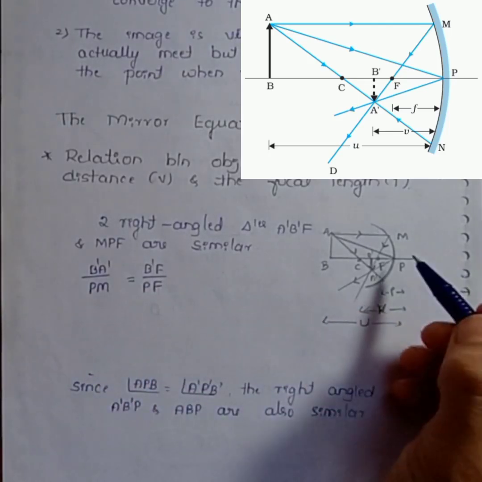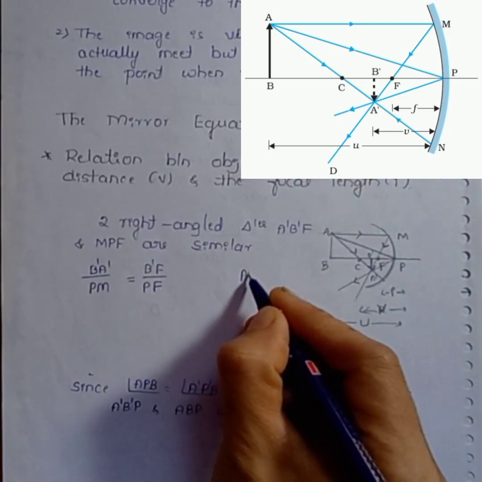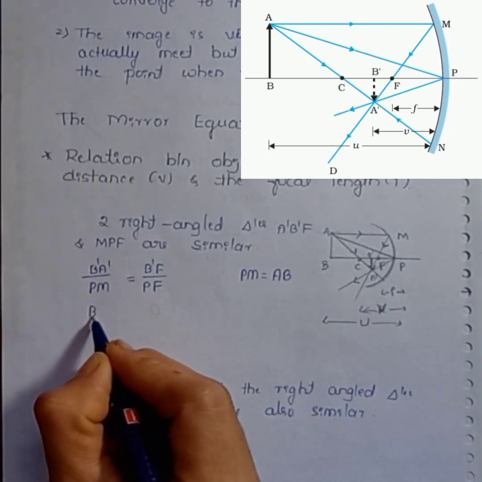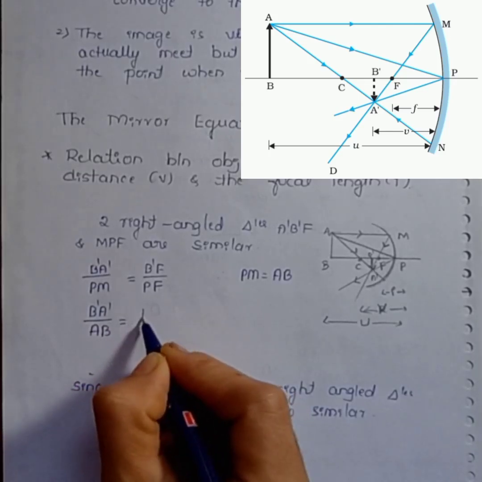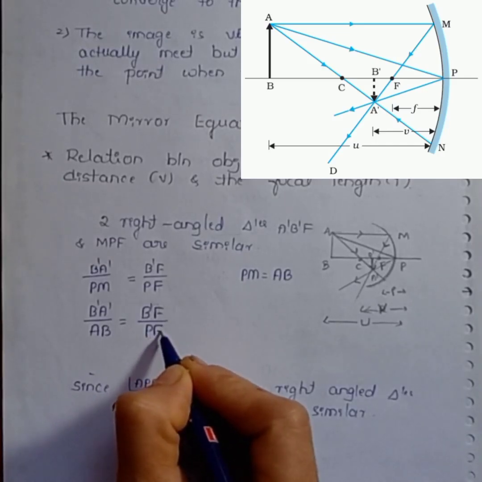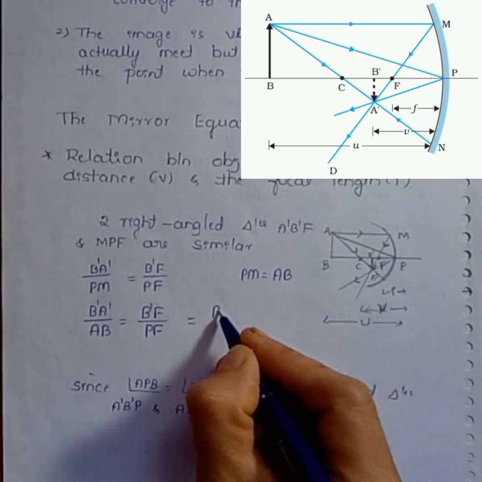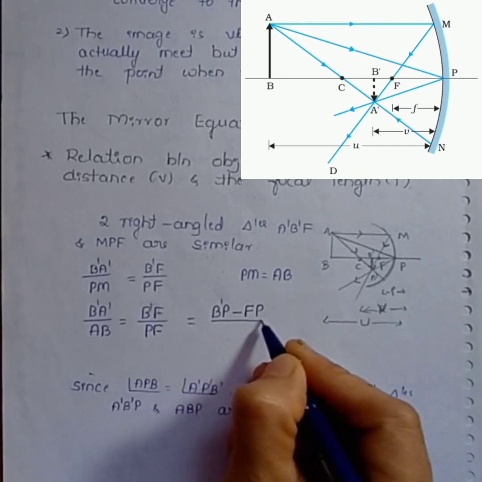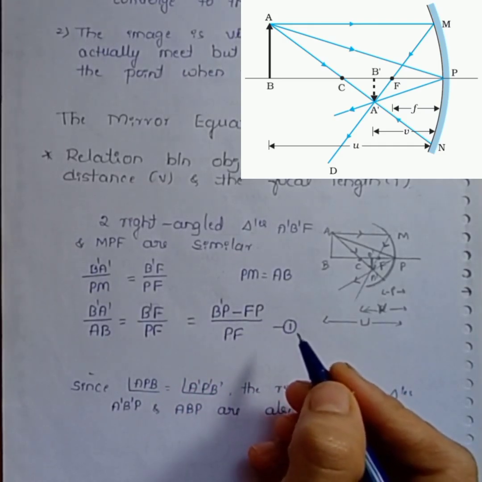Here PM is equal to AB. Then B'A' divided by AB is equal to B'F divided by PF, and B'F can be written as B'P minus FP, divided by PF.